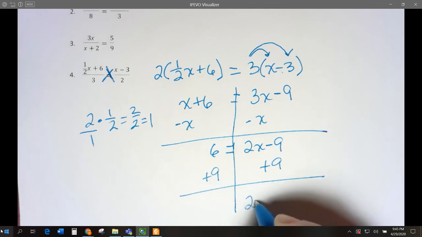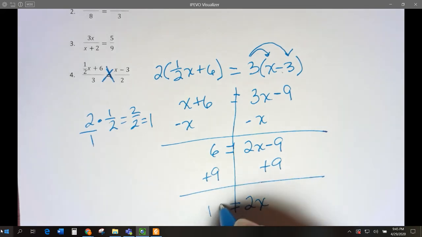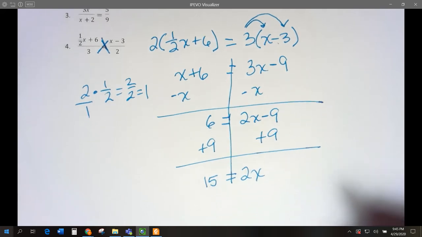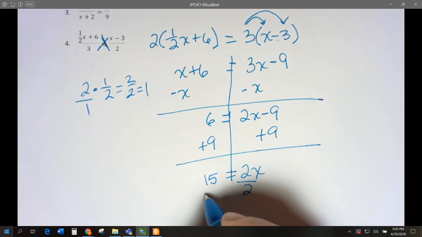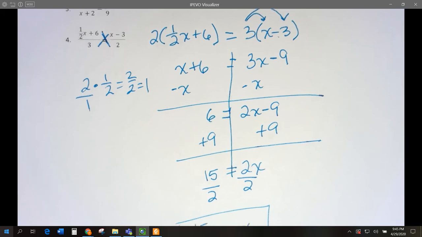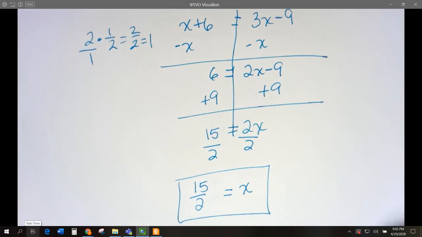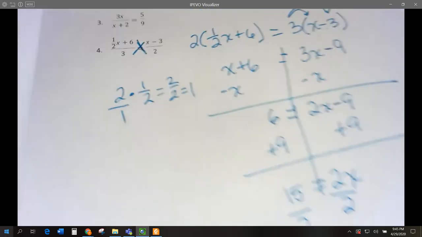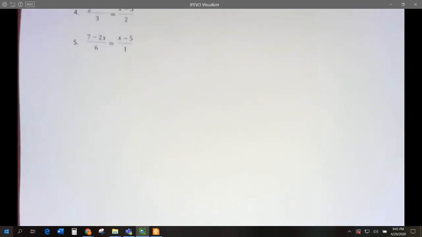We get 2x is going to equal 15. Now we need to divide by 2 on both sides. And x is going to be 15 over 2. Just leave it like that. Let's go on to number 5.